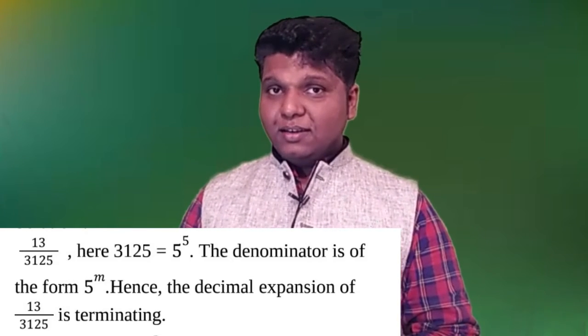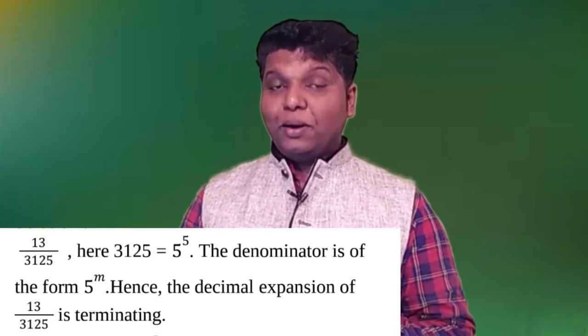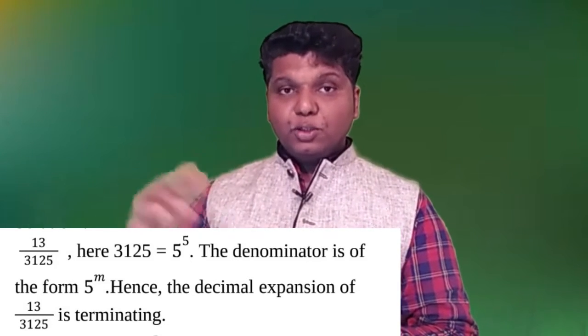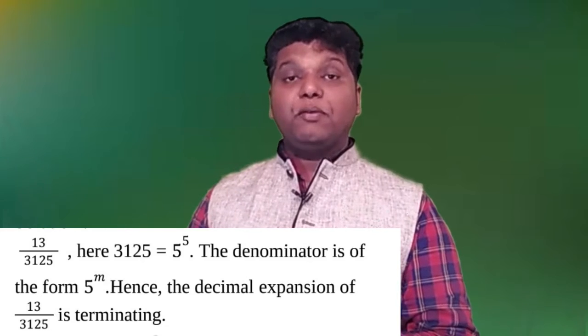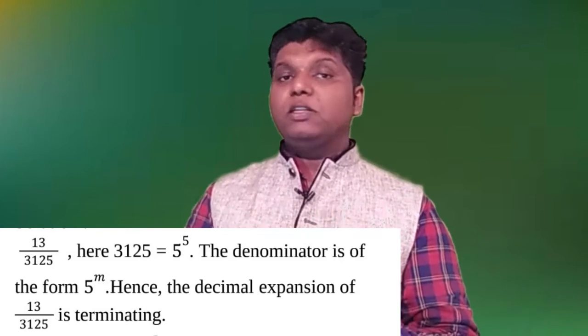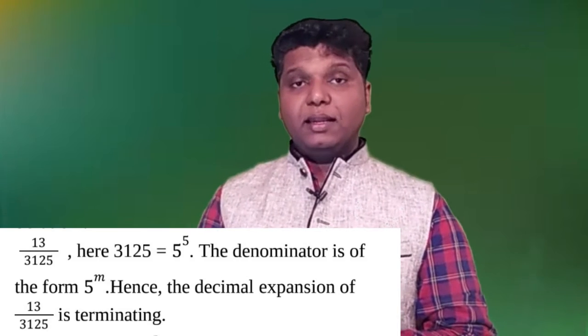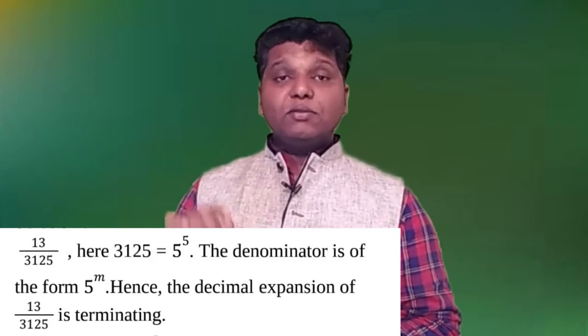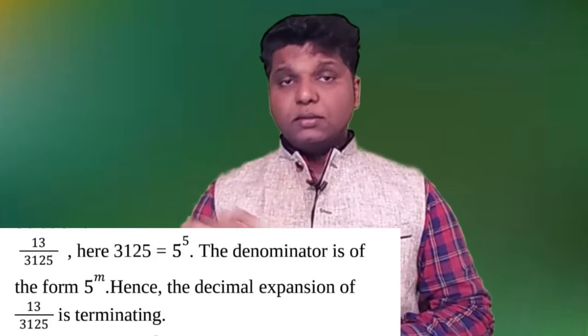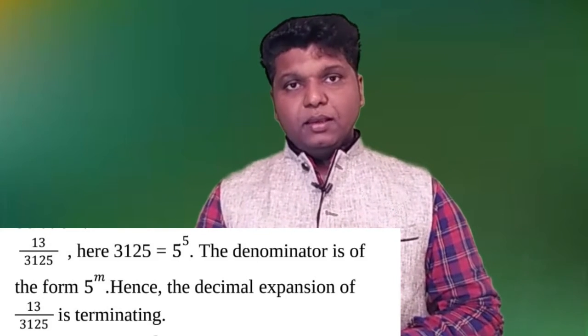So what about here? The denominator is expressed right now in the form of what? 5 to the power of something, right? Here it is 5 raised to the power of 5. That means it is expressed in powers of 5 alone. So we will write here: 3125 is equal to 5 raised to the power 5.